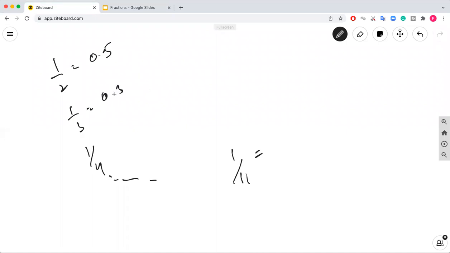Usually we present this with a bar, or we can also represent it with a bracket around this, which is one and the same thing. 3 is just the recurring part, and it keeps moving to infinity. What is 1 by 4? 0.25. What is 1 by 5? 0.2. What is 1 by 6? 0.16, with the 6 recurring alone.